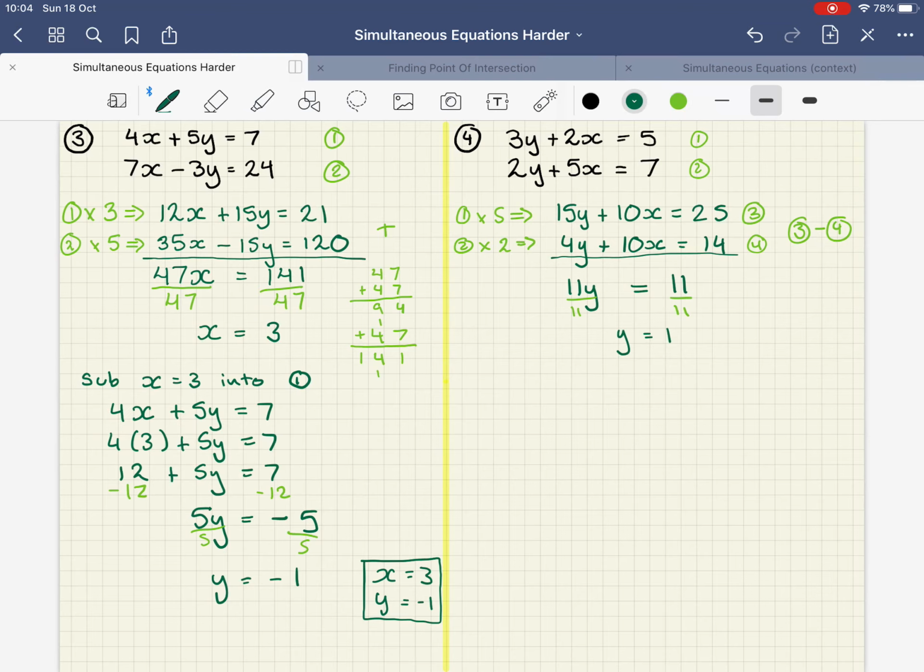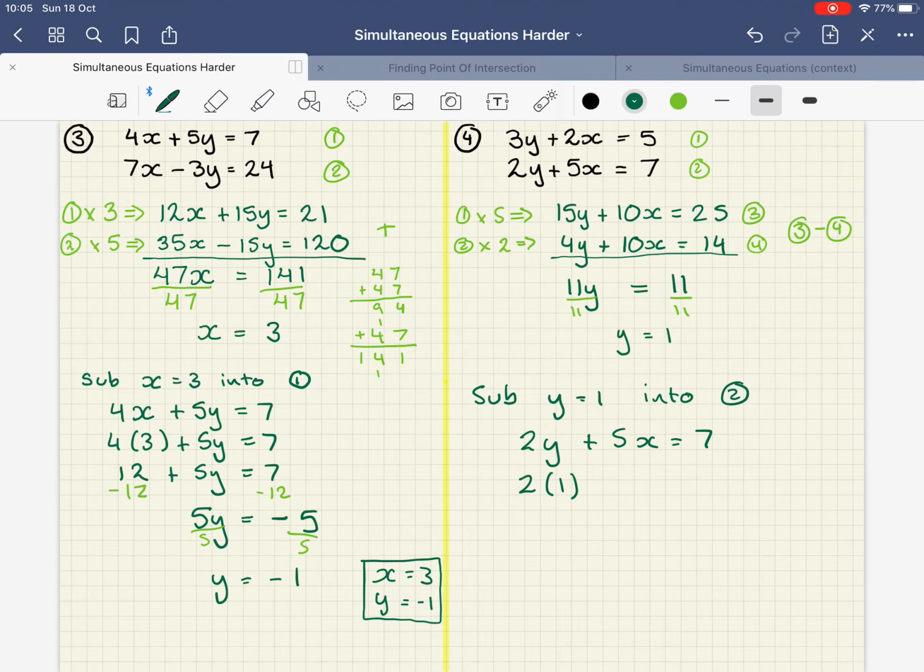And then substituting that into our formula, we're going to do sub y equals 1. I am going to choose just equation 1. Actually, no, let's do 2. Let's shake it up a little bit. So I've got 2y plus 5x equals 7.